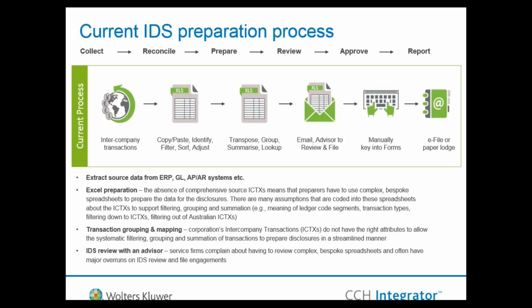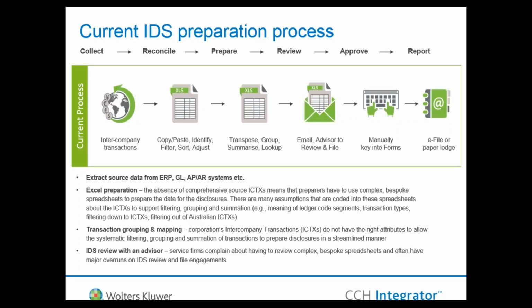And that's a really painful process, because often the source data is not necessarily very clean. There is a lot of issues around code blocks that you have to try and memorize and identify what exactly a particular code relates to a specific type of transaction. There's not always a very clear descriptor within your source system about what transaction type relates to what particular code within your source system.